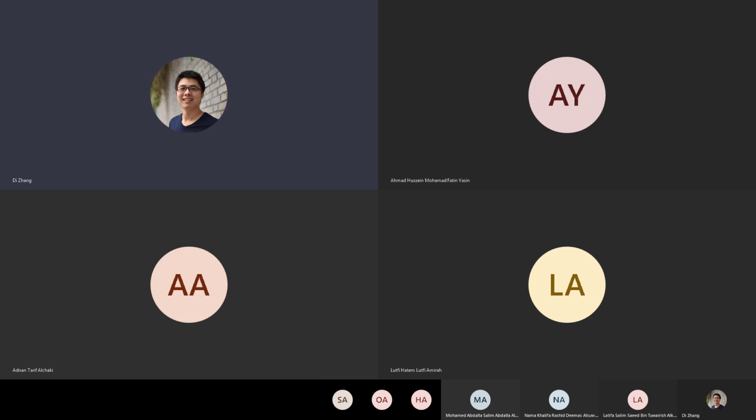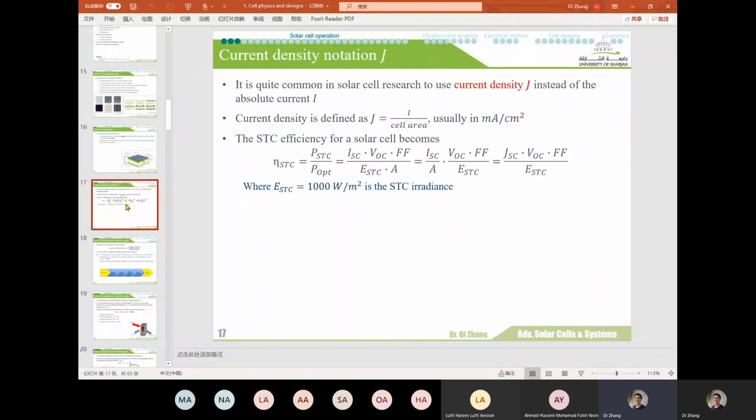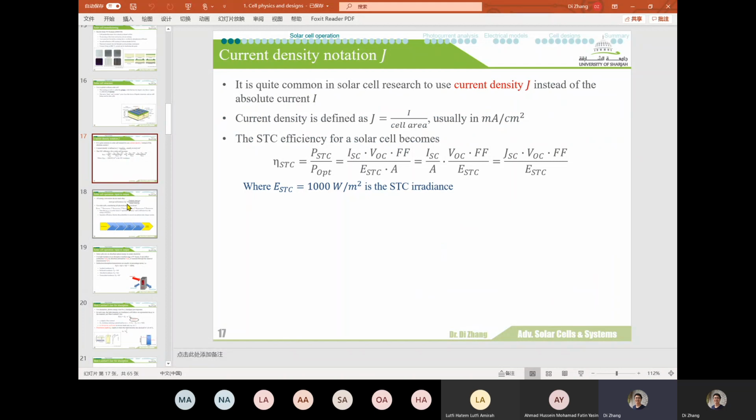Let me share the screen again. Okay, here we go. Most of the equations we will provide with the question during the quiz.